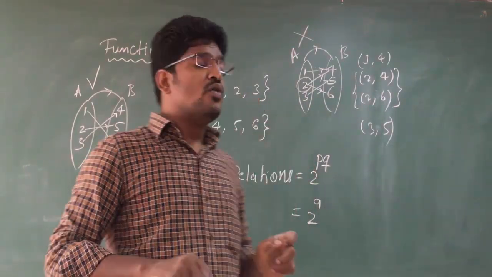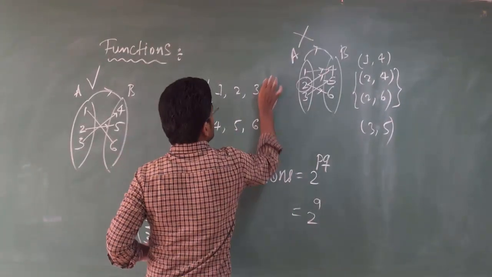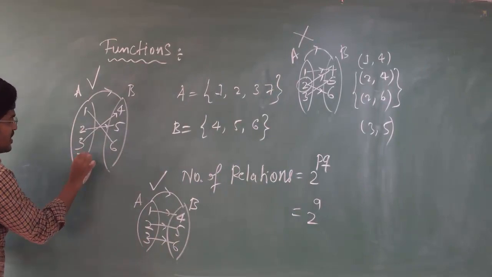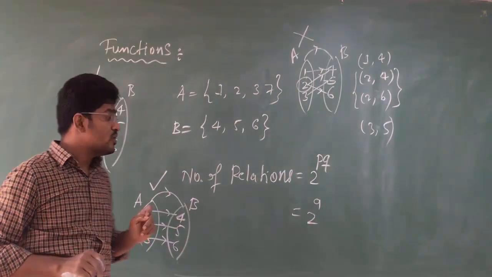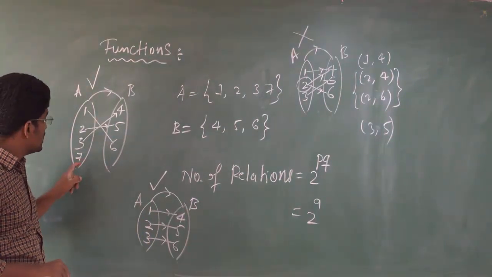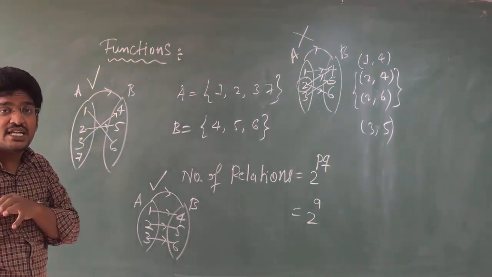Clear? One more thing. Suppose I take 7 here, if I put 7 here, then also this is not going to be a function. Why? Because what does the definition tell?